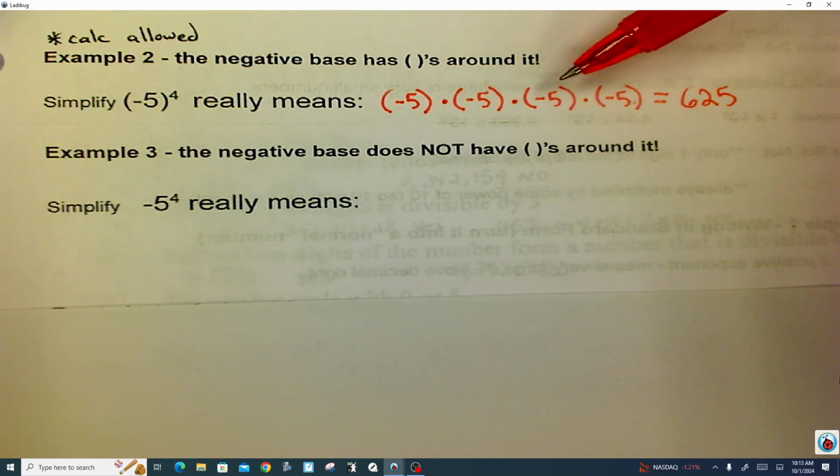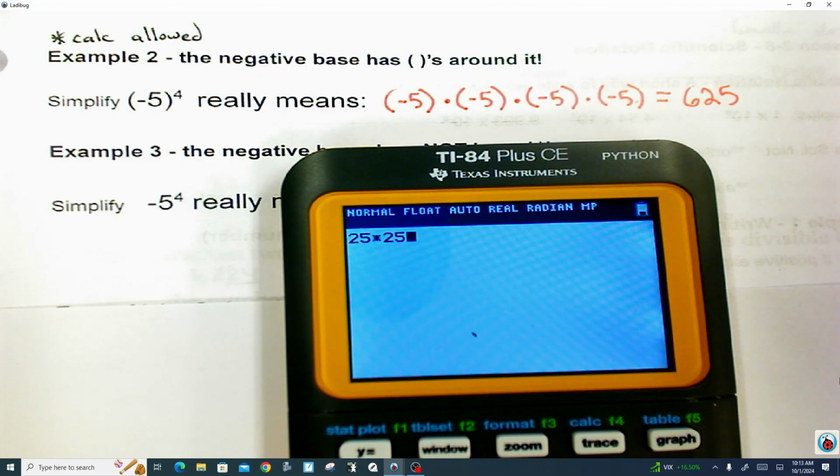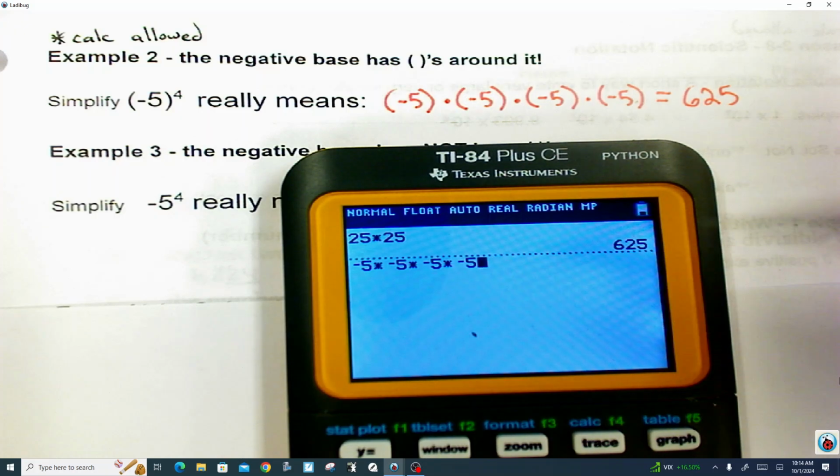And then if we did the same down here at the end, negative 5 times negative 5 again would also be positive 25. And then we can multiply those two 25s together and we would get positive 625. Or perhaps if you just wanted to see it more clearly, 4 negative 5s multiplying each other, yes, it's 625. We understand that, okay?